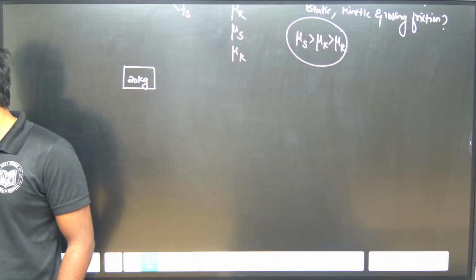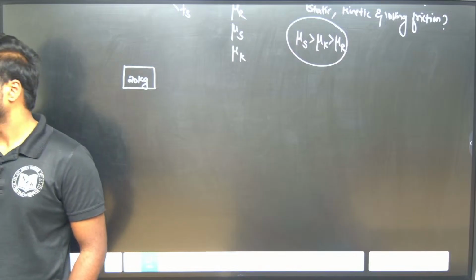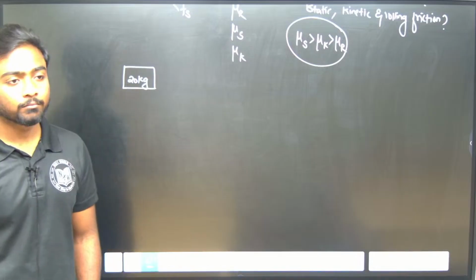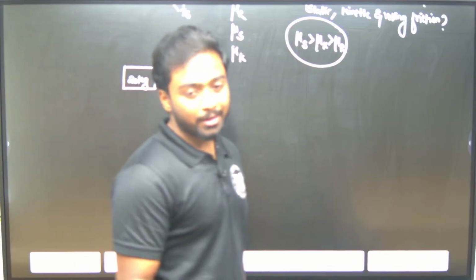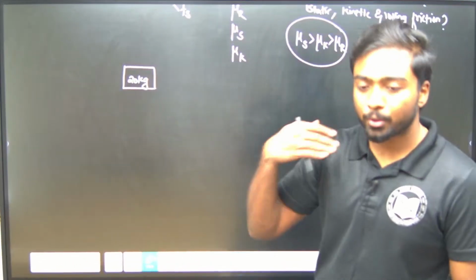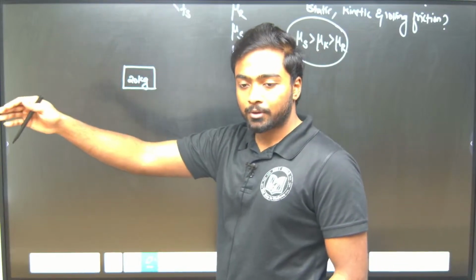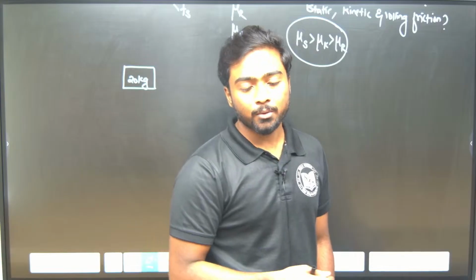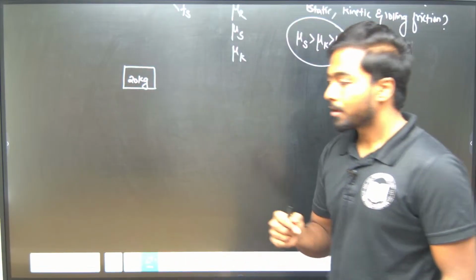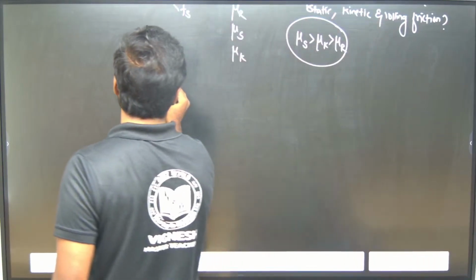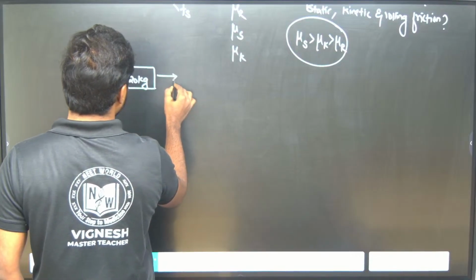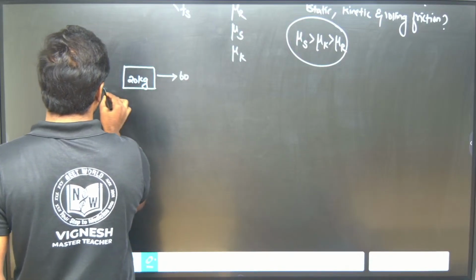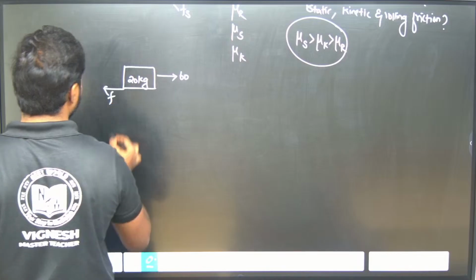Whoever is watching online can also give the answer in the comment boxes. 60 Newton, like 75 Newton initially, it is going with some velocity, but after that it has been a constant velocity, right? So can I say a 60 Newton force has been applied and the opposing force is f.